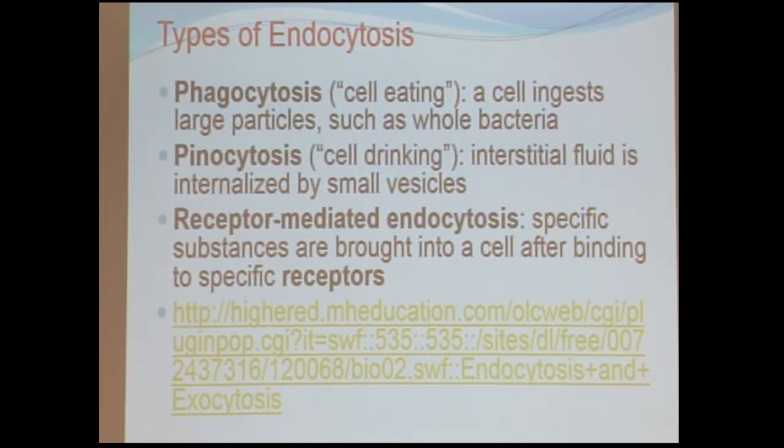It's done by immune cells. Pinocytosis is basically just drinking a little bit of the liquid around. So it's non-specific. You just bring in 1 milliliter of the liquid in a vesicle. And then receptor-mediated is involved. You have receptors, they bind to something, they bring it in.